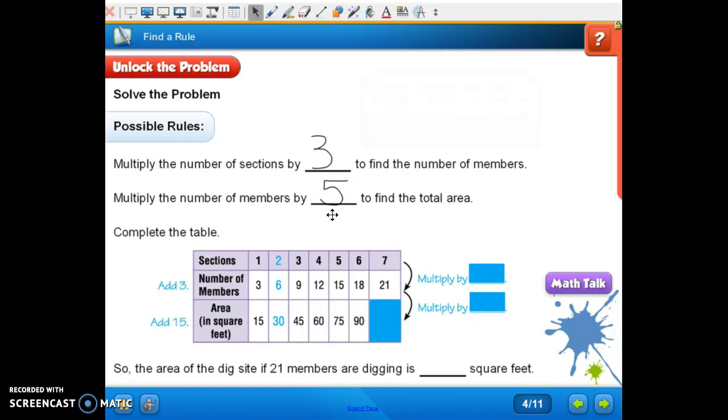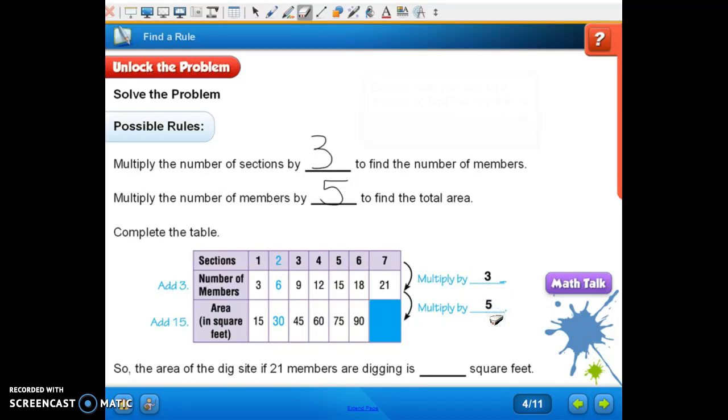And now there's also a relationship here. 1 times what is 3? 2 times 3 is 6. 3 times 3 is 9. So what is this going to say when I erase it? 3. And then our relationship from our 3 to our 15 is multiplied by 5.